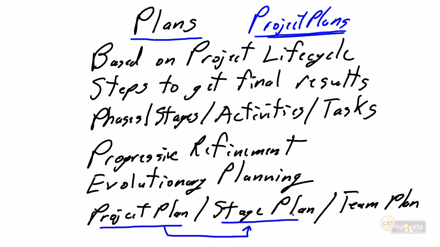We're going to refine that project plan for every stage, and then we're going to produce a detailed stage plan, and the stage plan is going to identify all of the minute tasks that are going to be required to complete that stage and that stage only. And if the project is extremely large and complex, we may well take that stage plan and break it down into team plans.